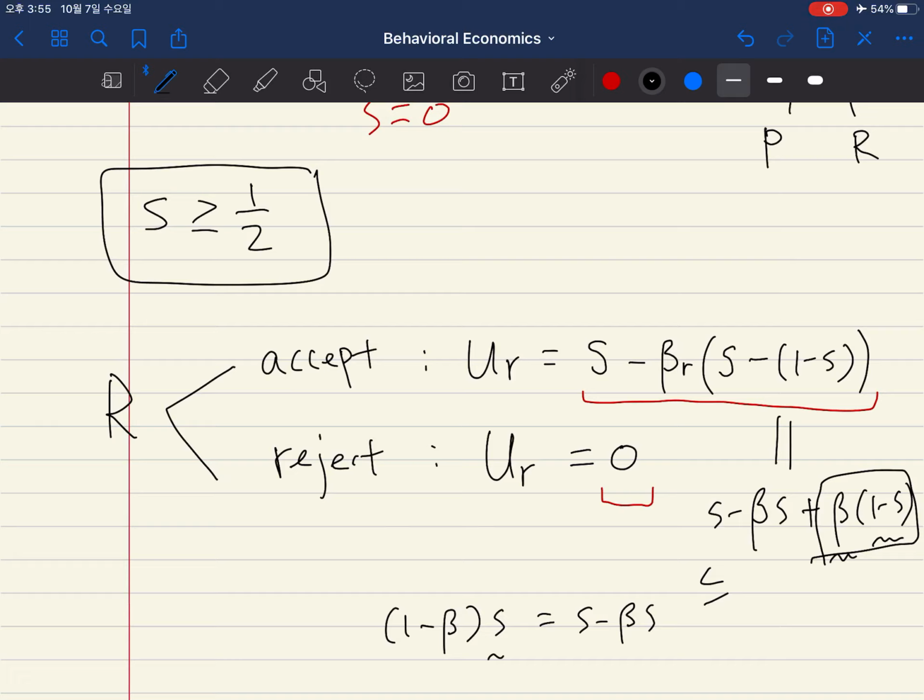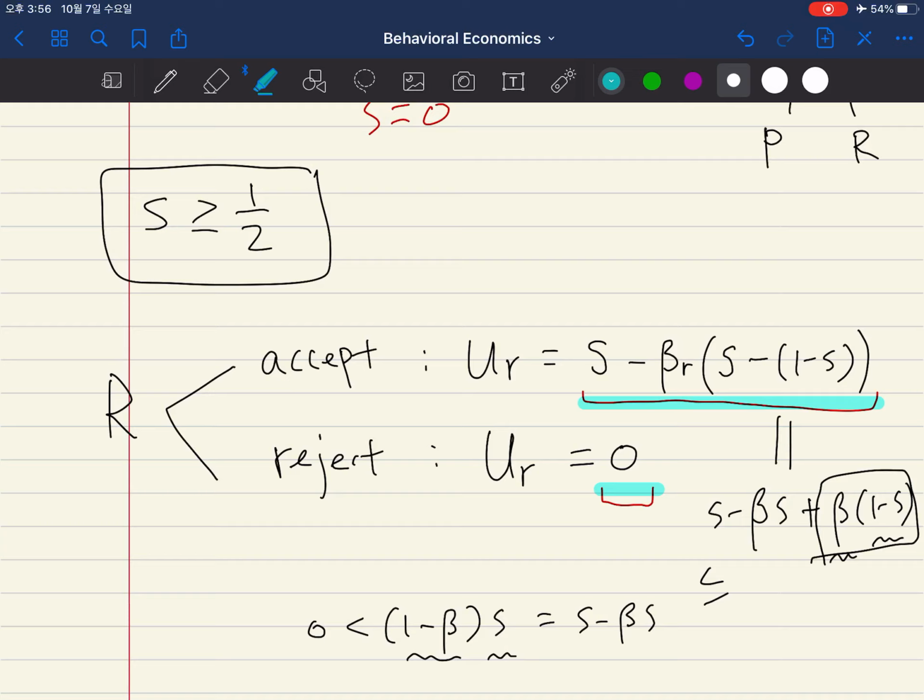Then we know that S is bigger than half, and we also assume beta is less than 1. So this is a positive number. Therefore, this utility from accepting is bigger than 0, the utility from rejecting.